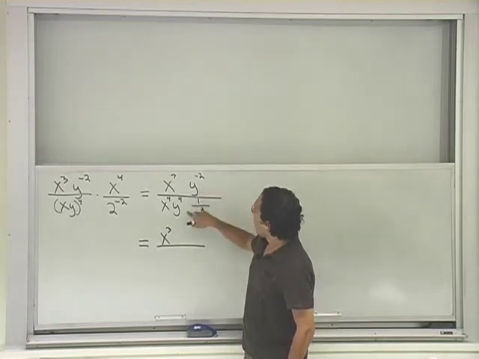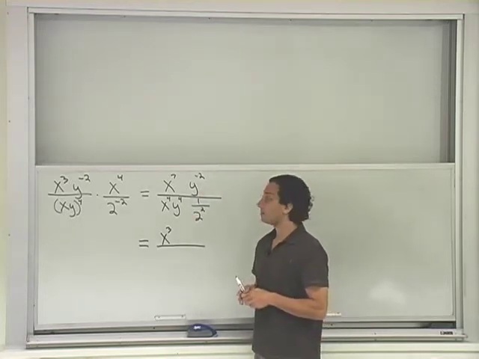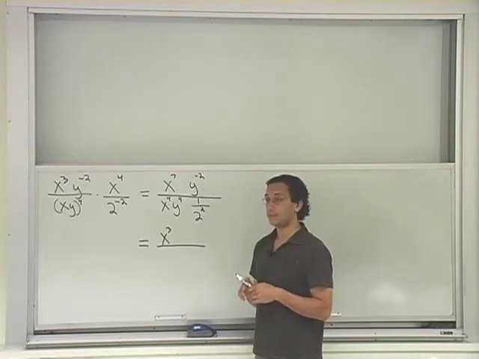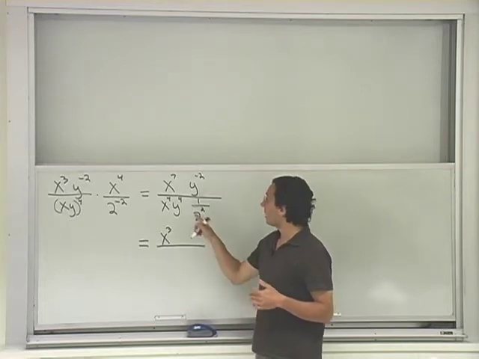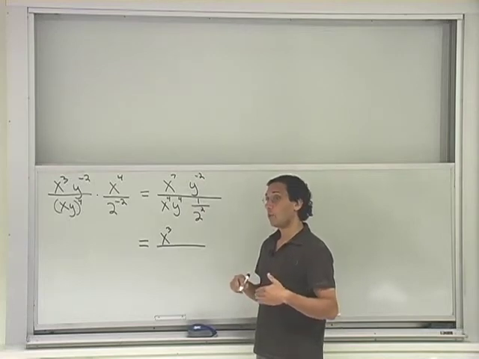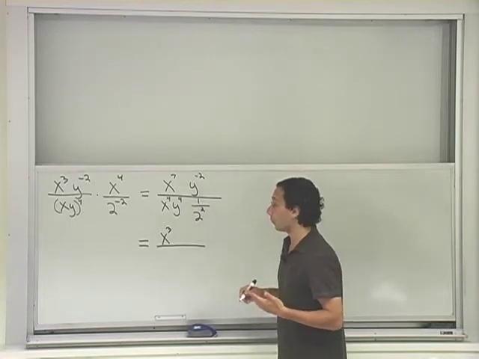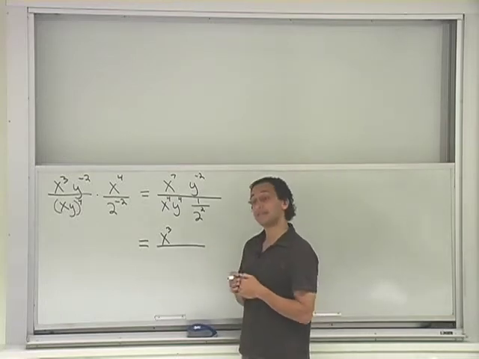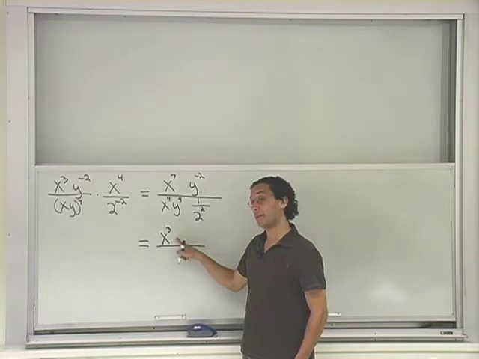Same game with the y's. We can subtract exponents: y to the minus 2 over y to the fourth. We'll subtract those to get y to the minus 6th. Y to the minus 6th is the same thing as y to the minus 6th over 1, so I can put it on top.